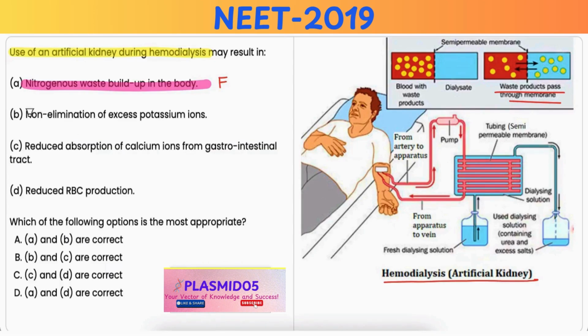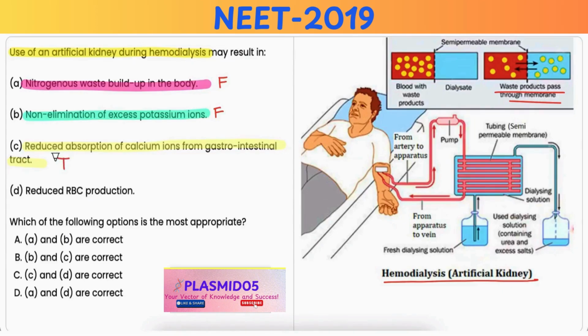Statement B, non-elimination of excess potassium ions. This is also not true. Hemodialysis effectively removes excess potassium ions from the blood. So the use of an artificial kidney would not result in the non-elimination of potassium. Statement C, reduced absorption of calcium ions from the gastrointestinal tract.